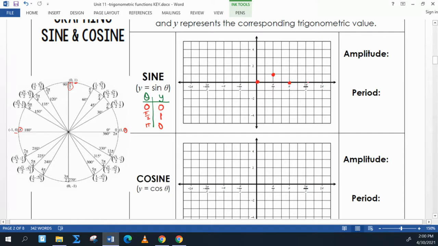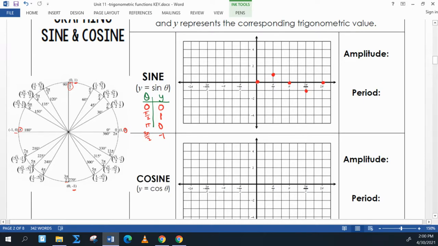At 3 pi over 2, my y value is -1. And then at 2 pi, I'm back where I started at 0. And that is 1 full period. It will start over again and repeat.